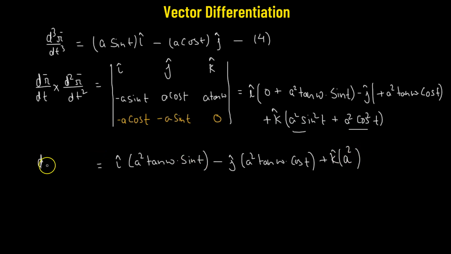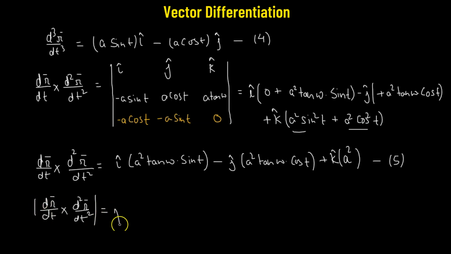So this is the value of the first derivative of r with respect to t and the second derivative of r with respect to t. In the next step, we'll label this as equation number 5 and we take their magnitude. To find the magnitude, all we have to do is take the square root, and underneath the square root we are going to take each component, square it and add them to each other.